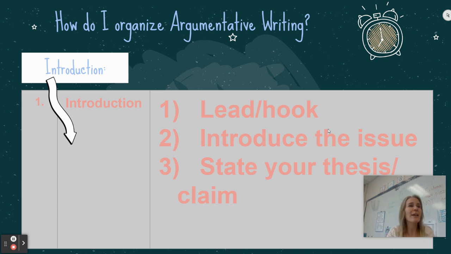Your reader needs to know what is this even about? And you're going to tell them what the 2 sides of the issue are. The third and final sentence in your first paragraph is finally when you get to introduce your claim, and you get to state your claim. Before that third sentence, they're not going to know what your stance is. And you're going to finally state your claim in sentence number 3.